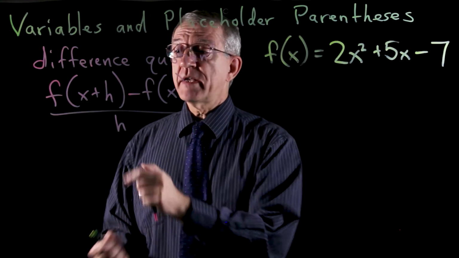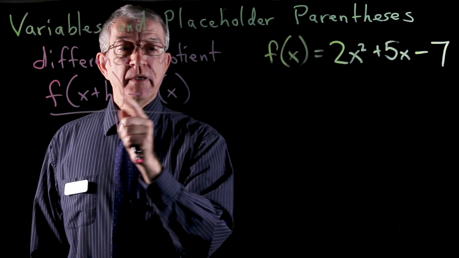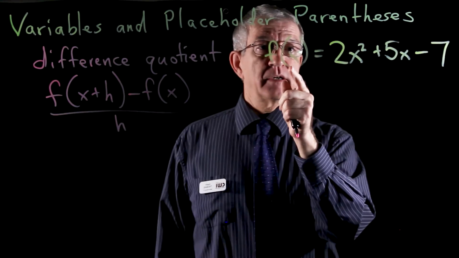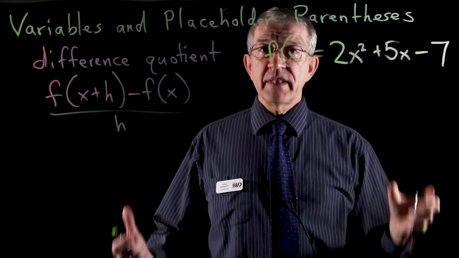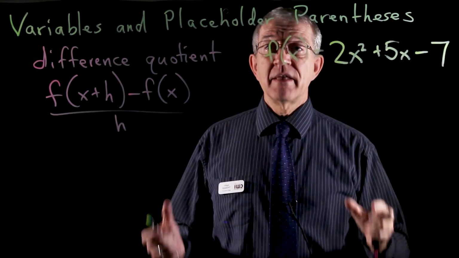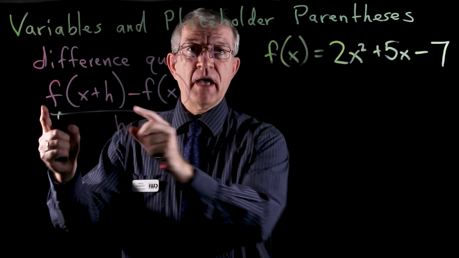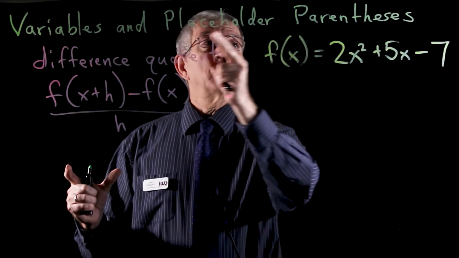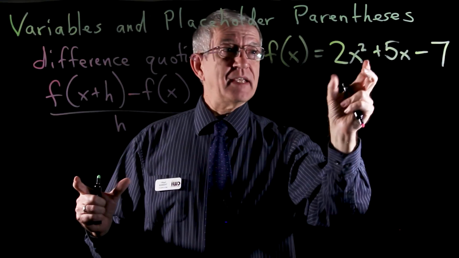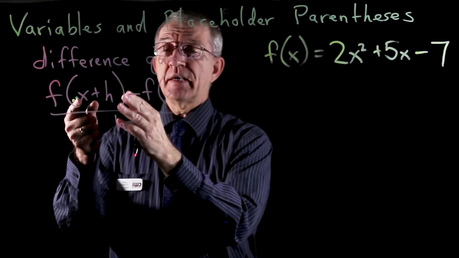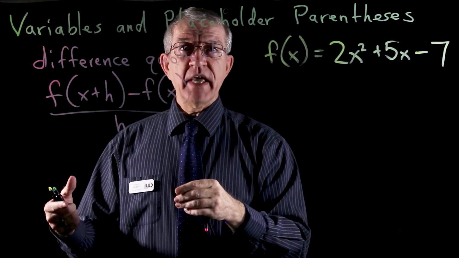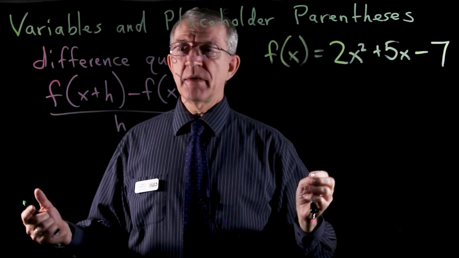And the reason it's hard is, well, there's an x, and there's an x, and there's an x. These aren't the same x's. They're placeholders. So to make this simple, when I write f, I'm going to write the shape of f. I'm going to use my placeholder parentheses instead of a variable, and then later I'll write in the x plus h, and everything magically becomes simple.